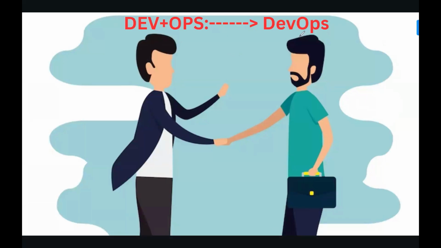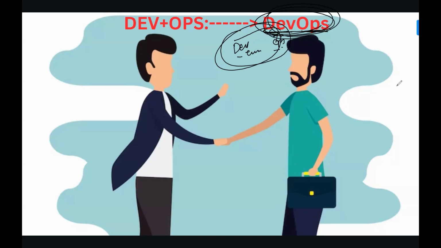As we can see here in DevOps, the first three letters represent Dev, nothing but the development team. The last three letters represent Ops, nothing but the operational team. Together it is called DevOps. So this team is going to be involved in both teams, the development team and the operational team.